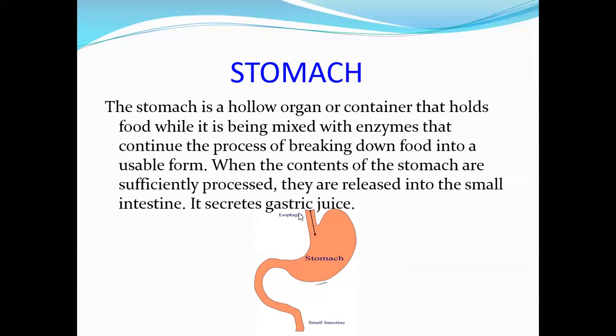Okay. The stomach is a hollow organ, a container that holds the food coming from the mouth. It is mixed by enzymes. Enzymes continue the process of breaking down the food inside the stomach.